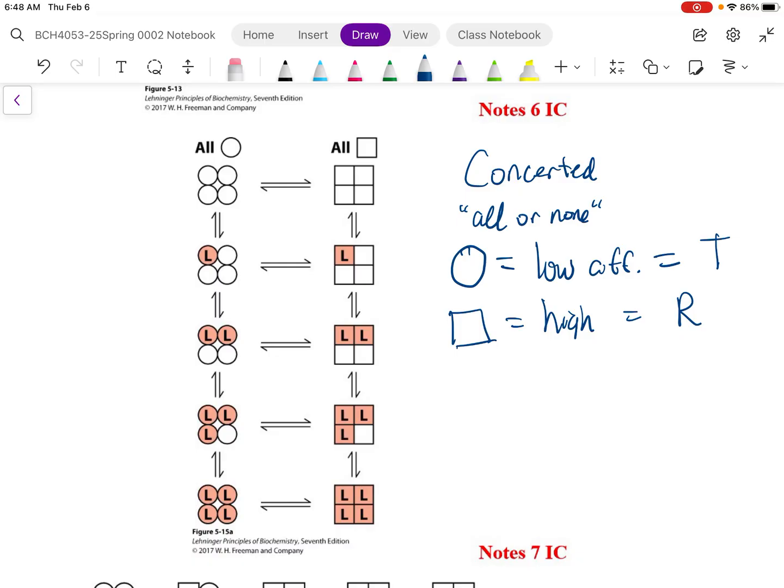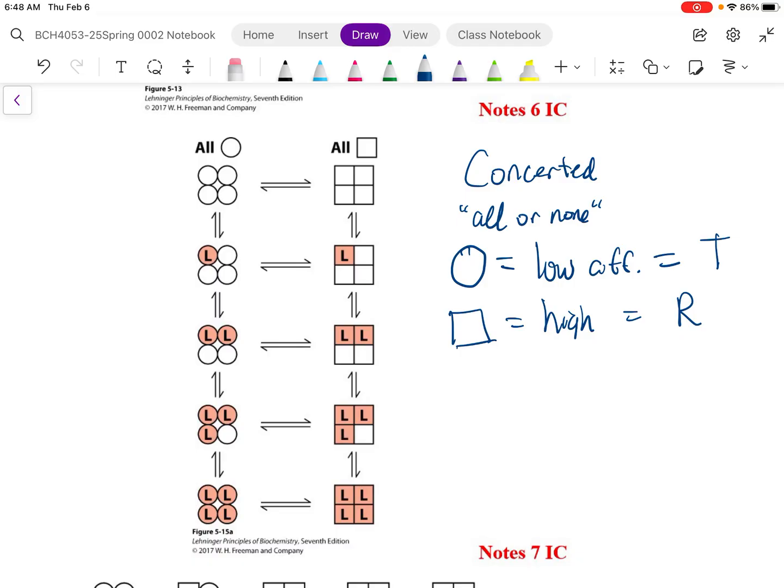Now that I'm thinking about this a little bit more, let's not say we're talking about hemoglobin here, because I don't think that's a good example. The reason is I implied that when we look at the T and R state, it's between the alpha and the beta switching, it's rotating.